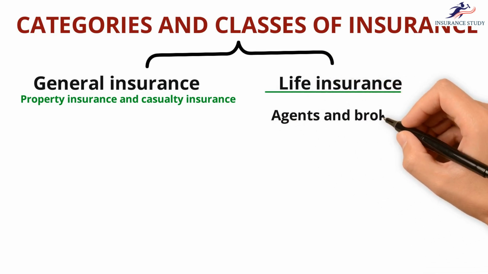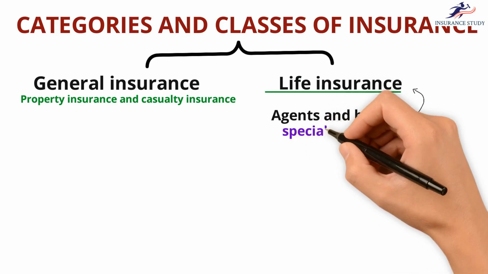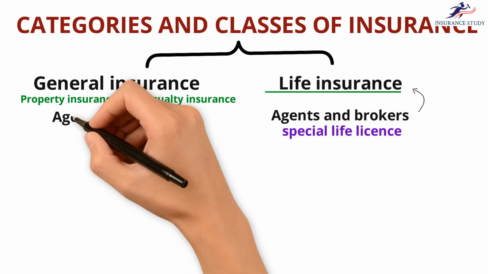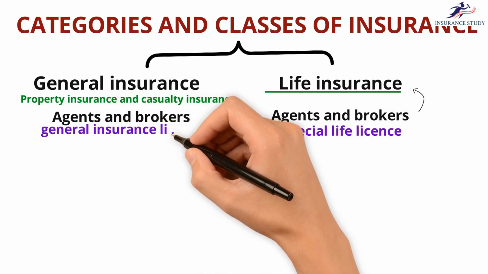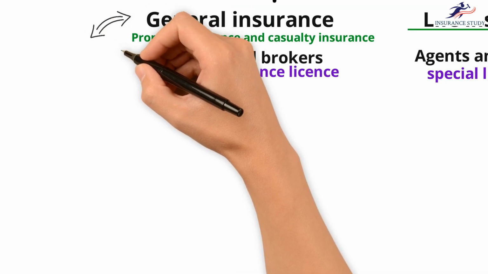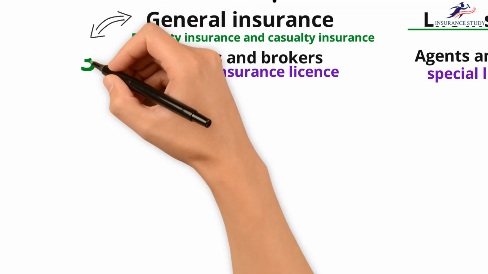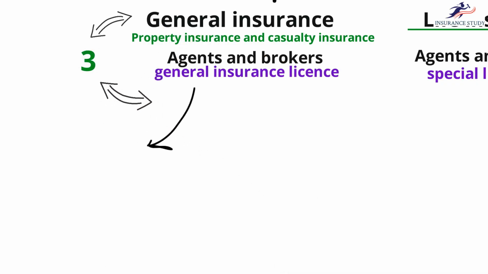So agents and brokers selling life insurance require a special life license, while agents and brokers selling general insurance require a general insurance license.